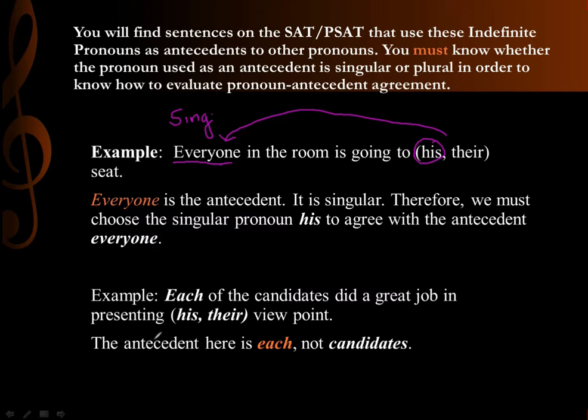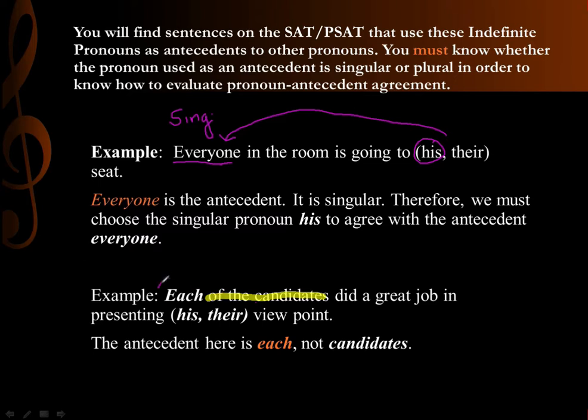Here's another example. Each of the candidates did a great job in presenting his or their view. Well, a lot of kids are going to think candidates is the antecedent, but remember that that is a prepositional phrase, and you will help yourself greatly if you simply eliminate those things.